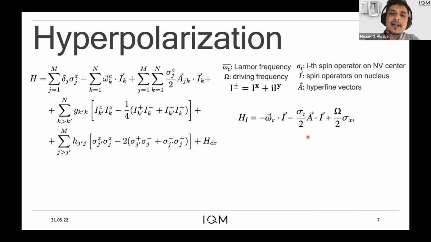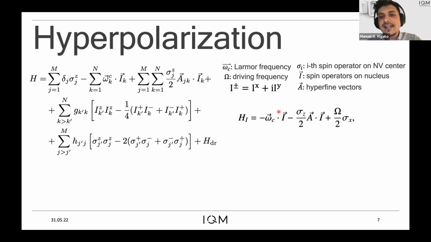So in this case, we have this omega_c that would be the Larmor frequency, and this A that would be the hyperfine vectors. Both of these vectors depend just on the spatial coordinates of your problem, so this is fixed as long as your spins are not moving.